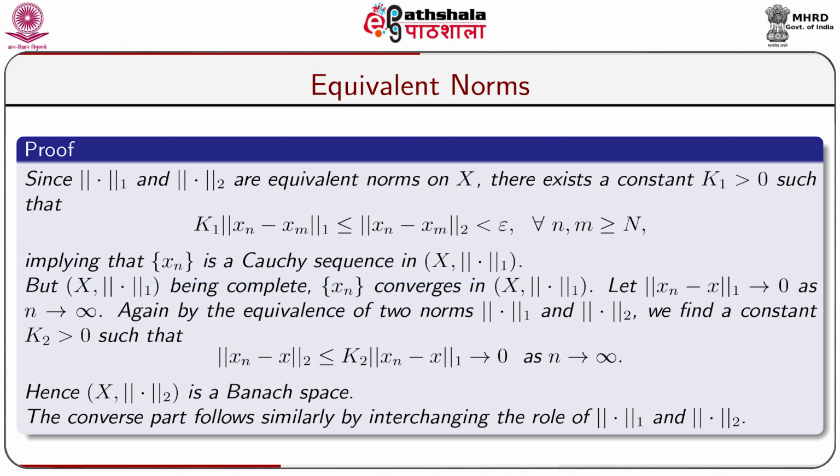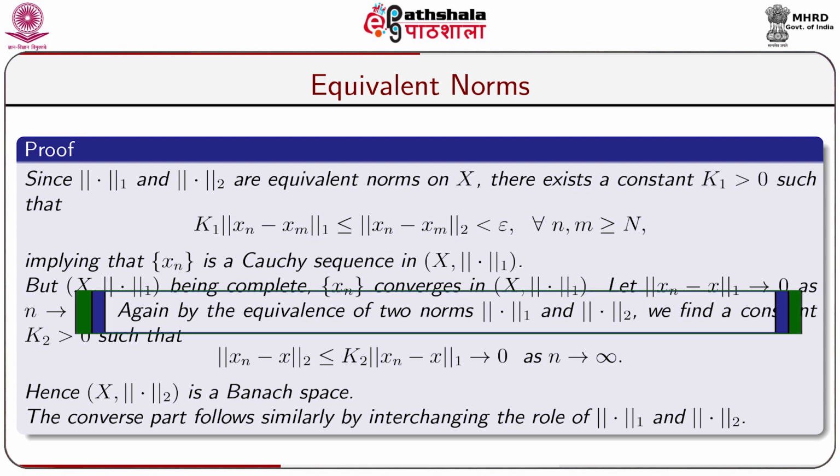But X under norm 1 being complete, the sequence xn converges in X under norm 1. Let norm of xn minus x tend to 0 as n tends to infinity, the norm being taken under the norm 1.